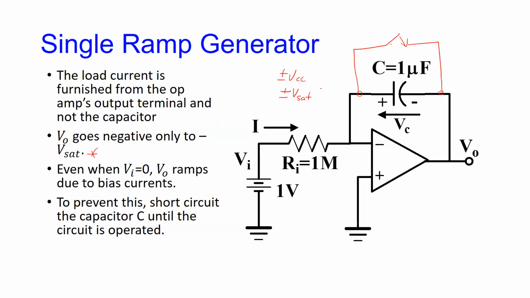In most op amps, this is about 1.5 to 2 volts less than VCC. There are new and specialized op amps that give you what they call rail-to-rail output, which means that the output will go to plus or minus VCC.